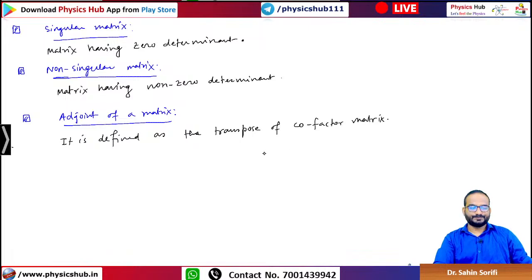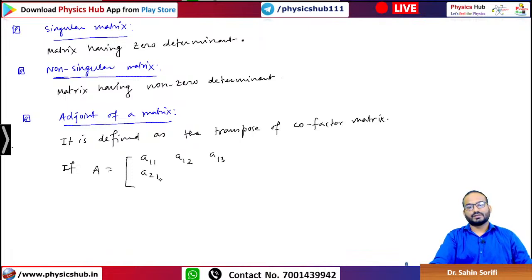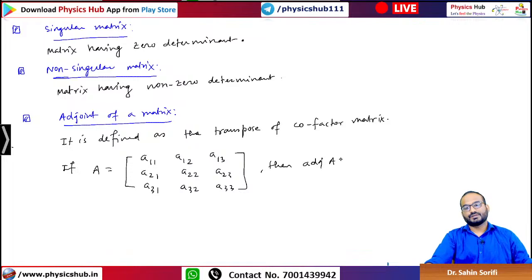Let's say you have a matrix whose elements are A11, A12, A13, A21, A22, A23, A31, A32, A33. Then for the adjoint of A, you have to take the transpose of the cofactor matrix.